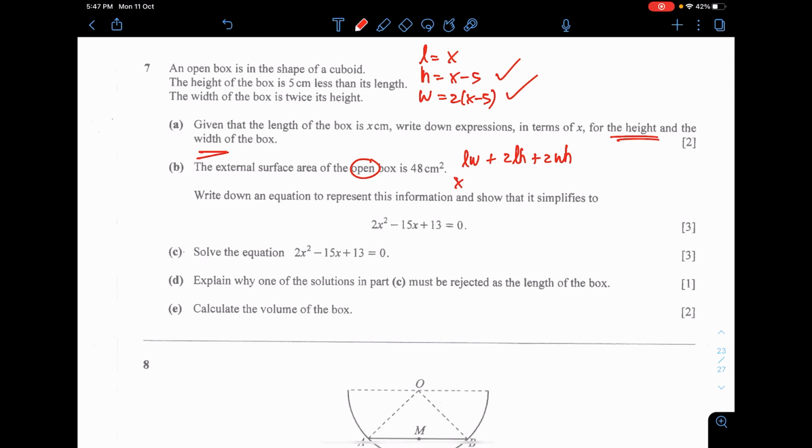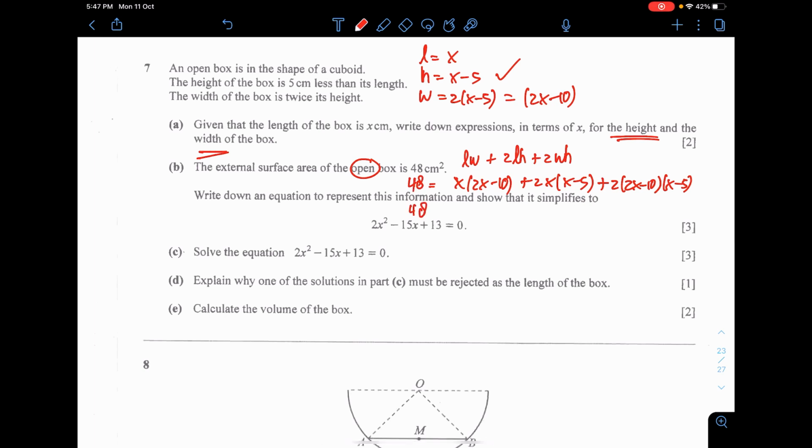I like to put this into 2x minus 10. So I have x times 2x minus 10 here, plus 2 times x times x minus 5, plus 2 times width times height. All of this equals 48.